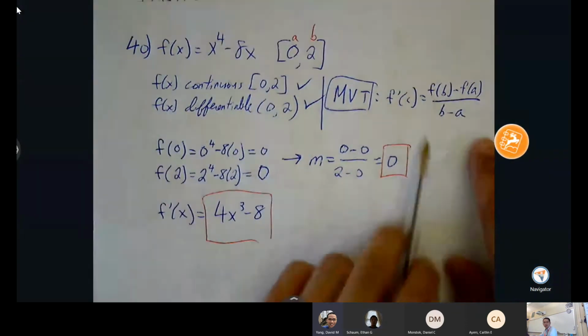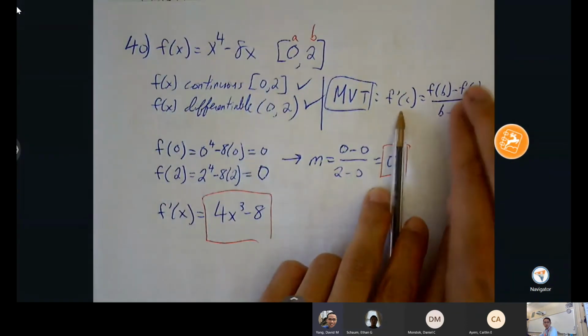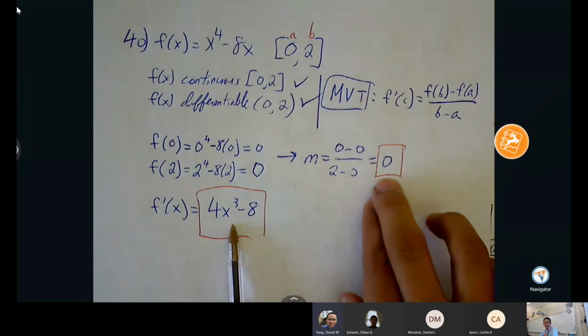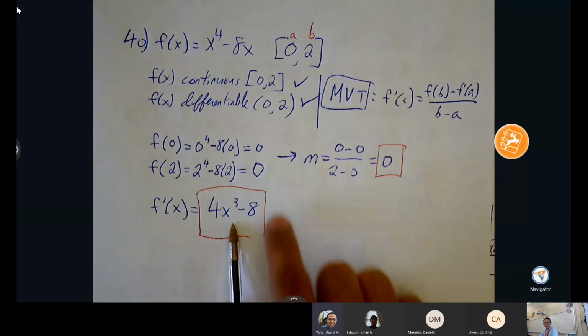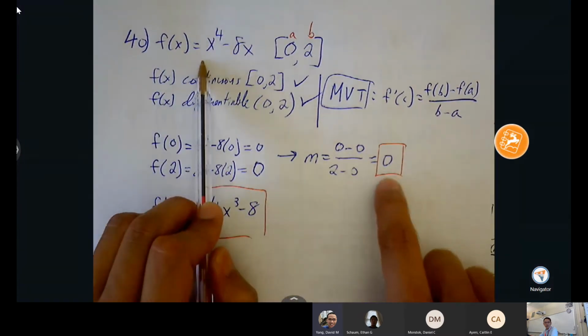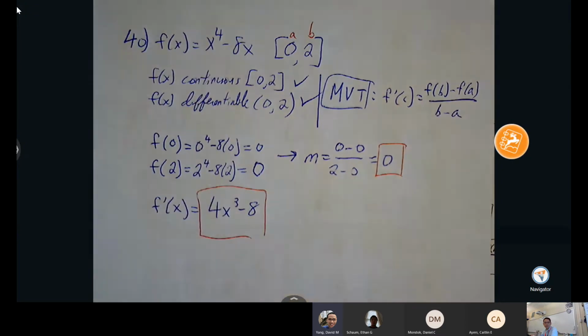So we have everything that we need for our formula, right? We have the slope, we have the derivative, we'll set them equal to each other. And when we solve for x, we're able to find a location on this curve where there's a slope of 0. Okay, solve for x.